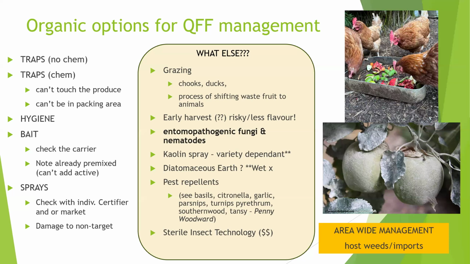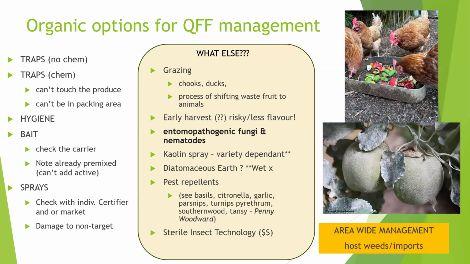So one version of a chemical might be organic, but another version of the same chemical might not be organic because of the carrier. Note that the only organic option for bait comes already pre-mixed. You can't add the active to that or another active to that. It already has the active in it. So check, make sure that it meets your organic production criteria.